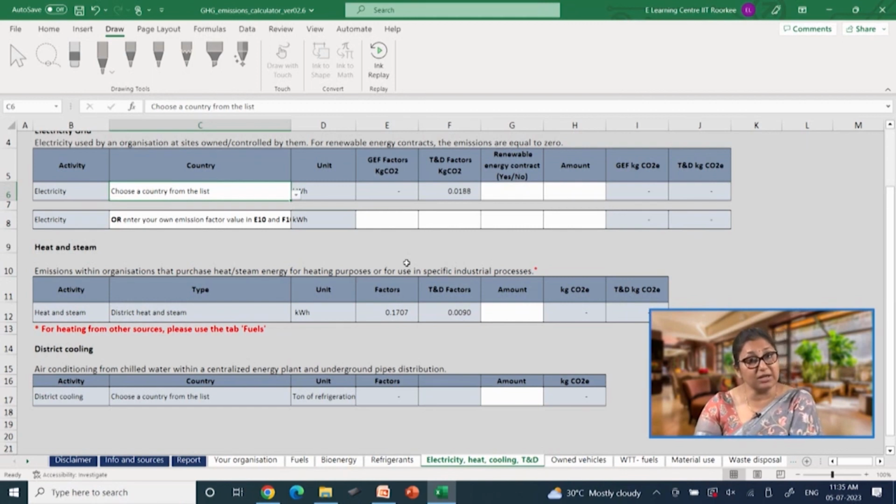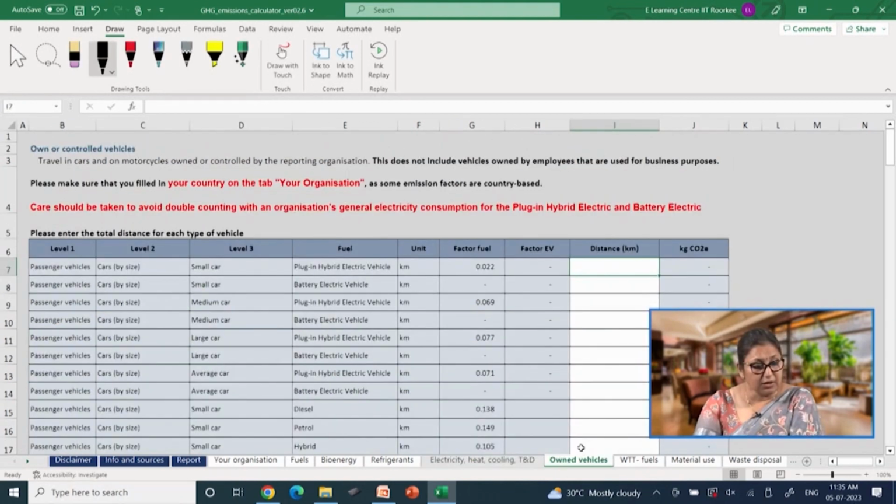So, it would automatically take this into account and modify the emission factors accordingly, and then we will get the overall carbon dioxide emissions for electricity, heating and cooling and transmission and distribution losses that are happening. This is scope 2. Now, going ahead with the transportation, now we are talking about combustion, the mobile emissions, combustion.